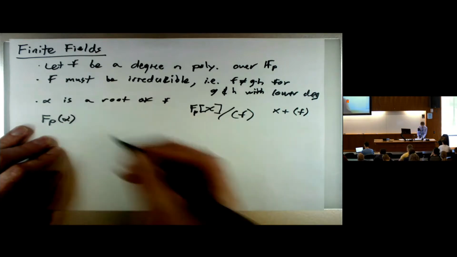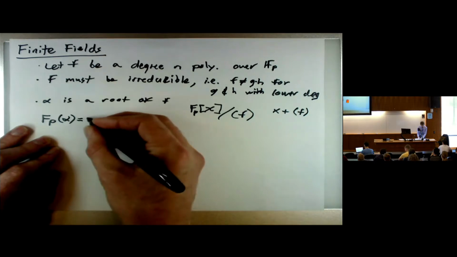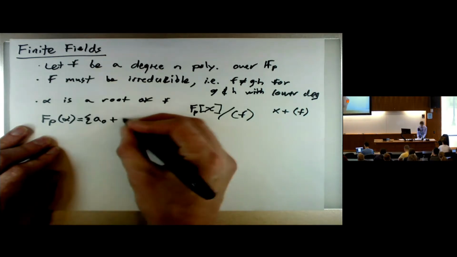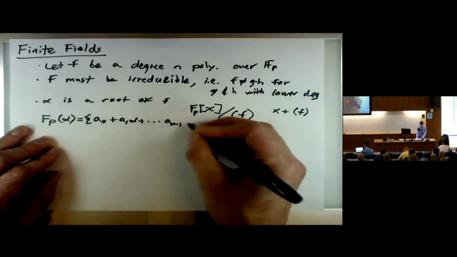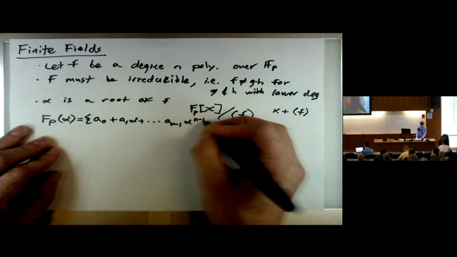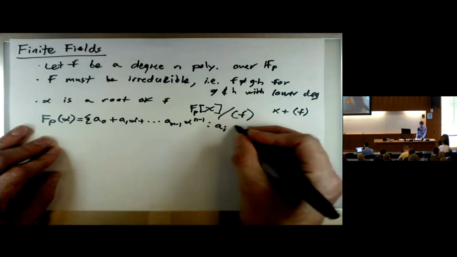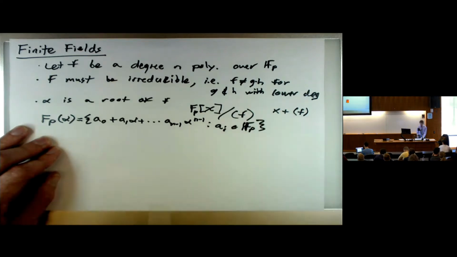And it's a field, so of course we're allowed to take quotients, but you have inverses, so you can easily get things in the form a0 plus a1 alpha up to a_{n-1} alpha^{n-1}, a_i in Fp, where the powers of alpha are a basis over Fp as a vector space.